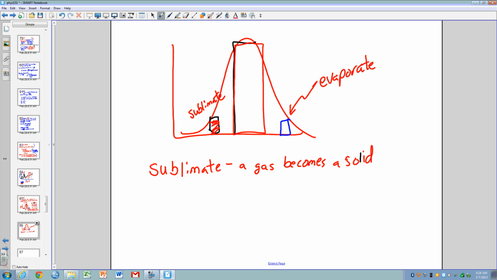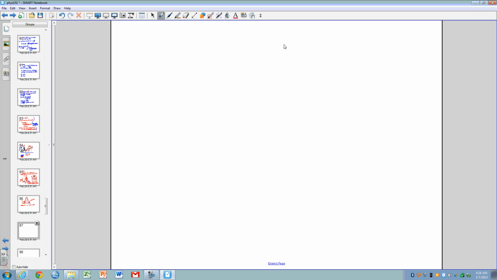Before we get into sweating, I know you're all excited about, we need to talk about humidity, because humidity is very important to how our body cools. So at a given temperature, air can hold a certain amount of water vapor.